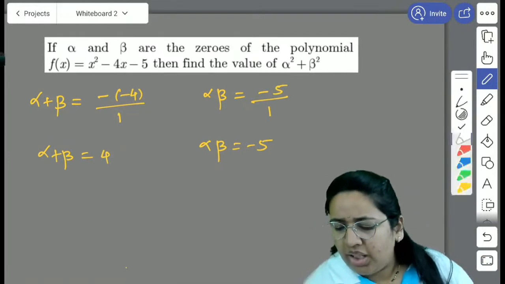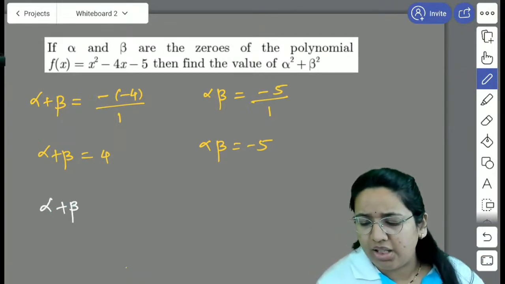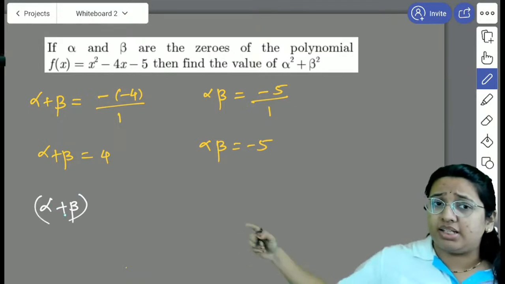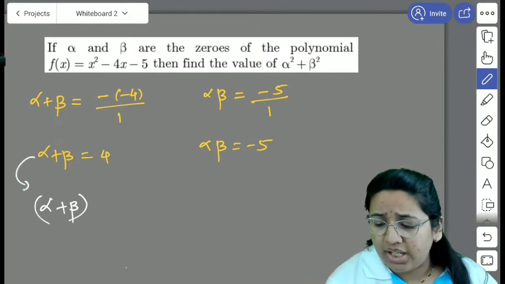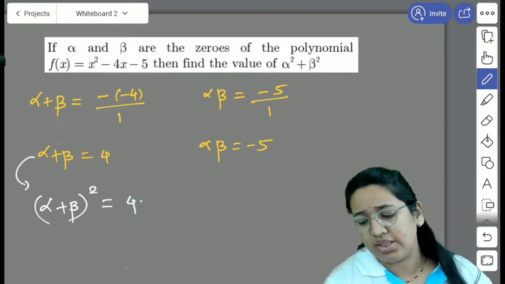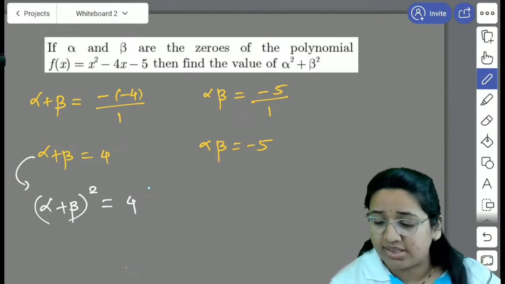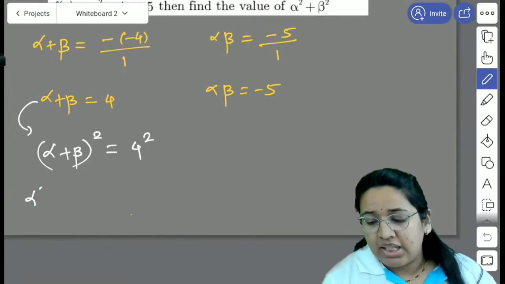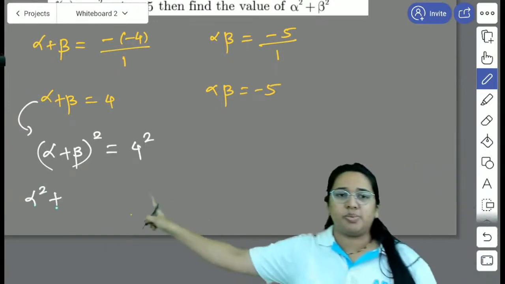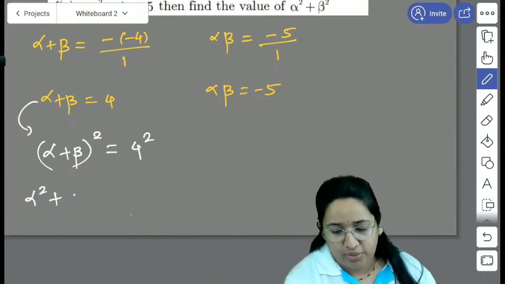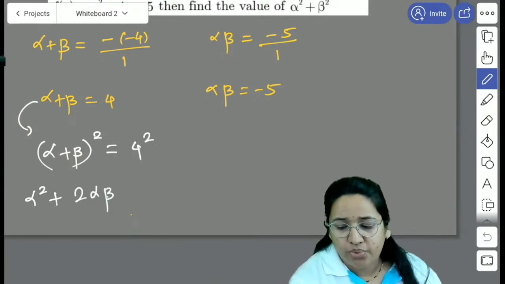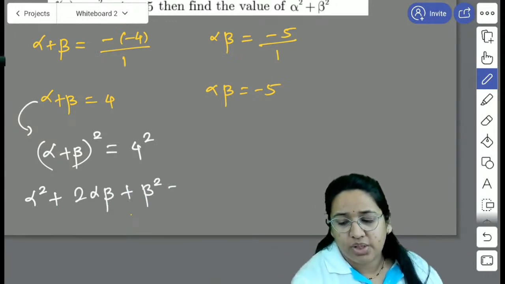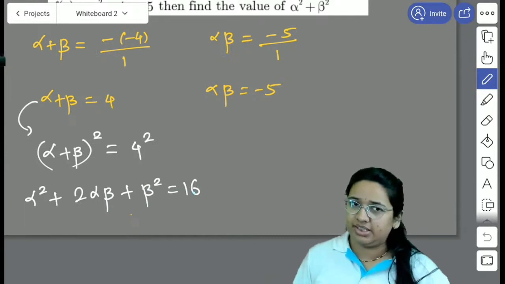Suppose alpha plus beta is equal to 4, then squaring this, you will get alpha plus beta whole bracket square is equal to 4 square, correct? That is, if you expand the first bracket, you will get alpha square plus 2 times alpha beta plus beta square is equal to 16. Getting this one?